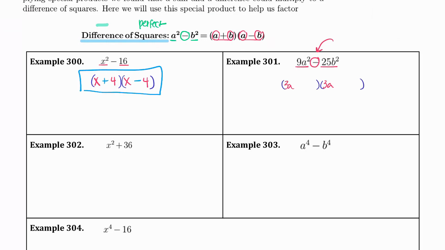We start both factors with 3a. If we take the square root of 25b squared, we have 5b. We know that one of them is going to be plus, one of them is going to be minus. And if we wanted to, we could multiply this back out and just make sure we get our original problem, but in this case we will.